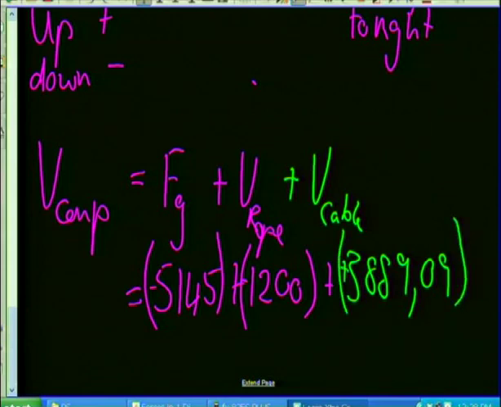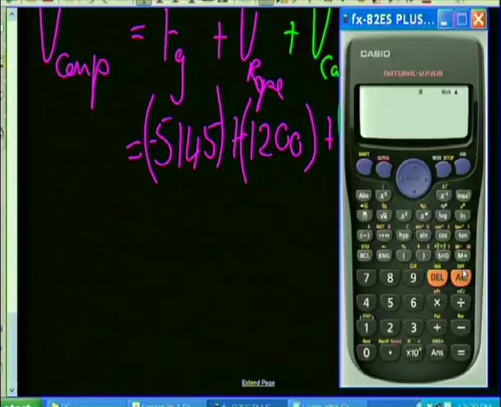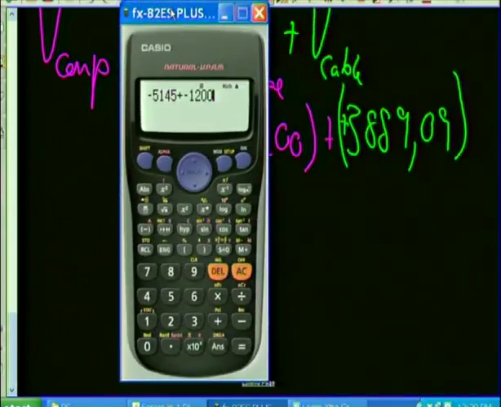So what I can now do is use my calculator to add all of these vertical components together to give me one big vertical component. I hope you can see where this is going. So let's do that. Minus 5145, minus 1200, and then my last figure was plus 3889.09.